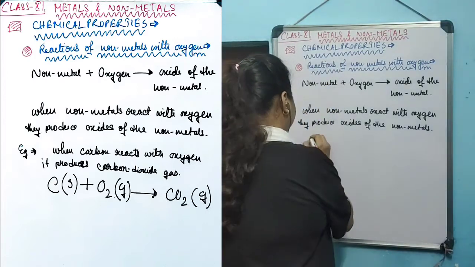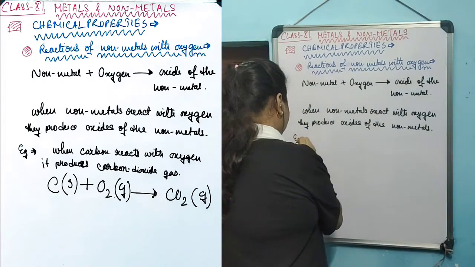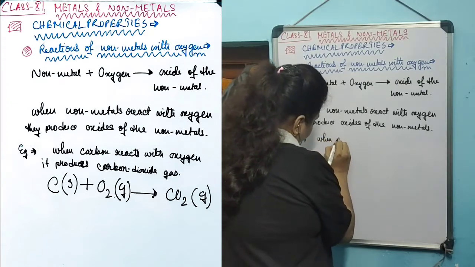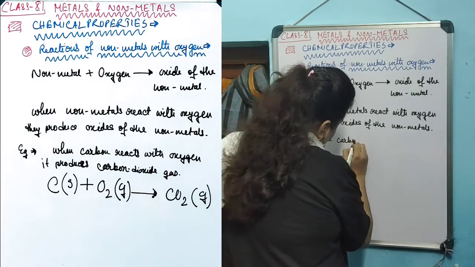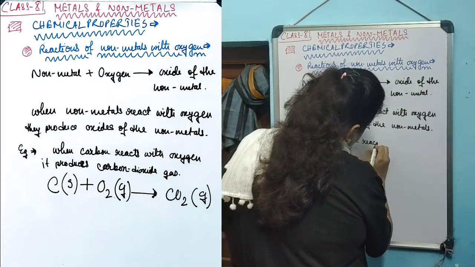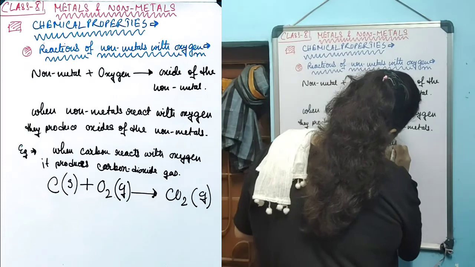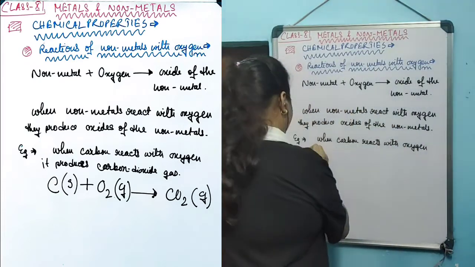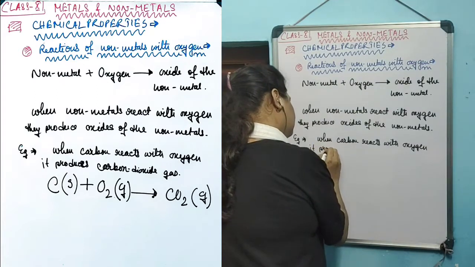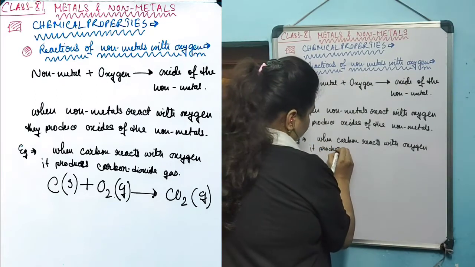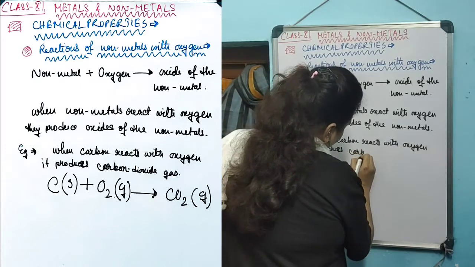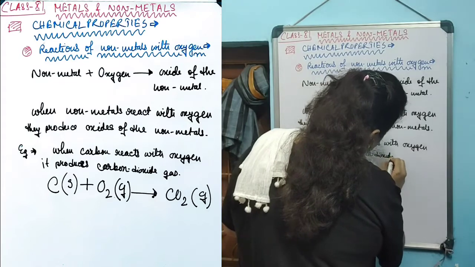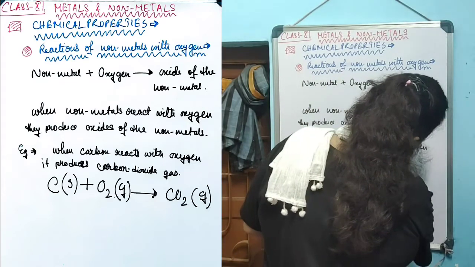So when carbon reacts with oxygen, it produces carbon dioxide gas, an oxide of carbon.